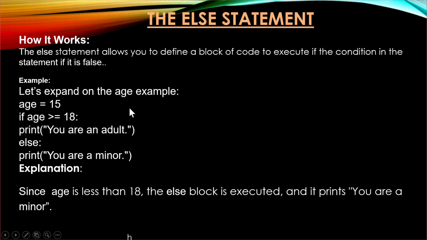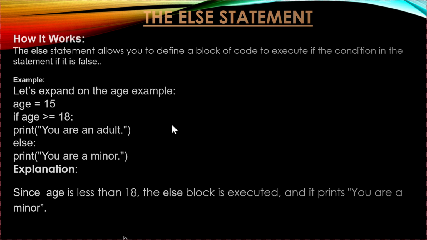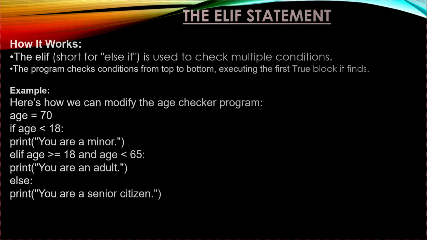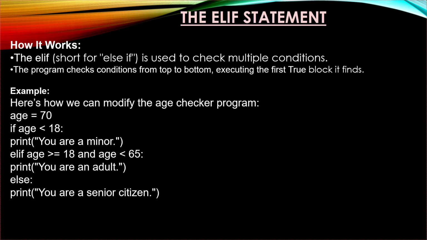Okay, then the next is the elif statement. This is the combination of if and else statement for multiple conditions. For example, we can see here that the age we inputted is 70. If age is smaller than 18, we use that if condition, that is, you are a minor.